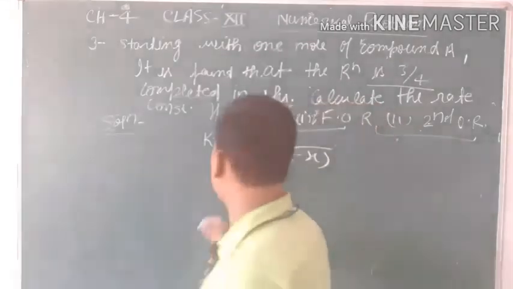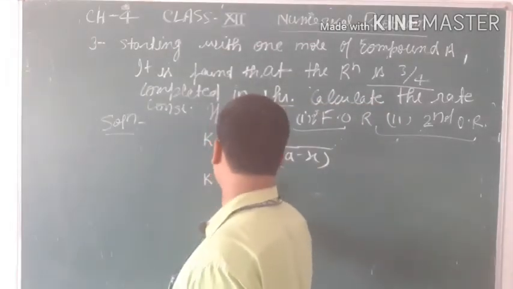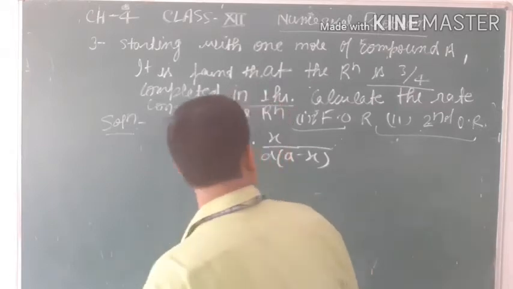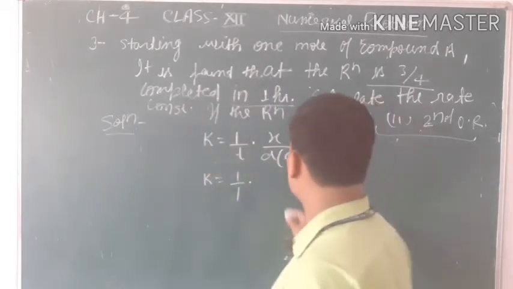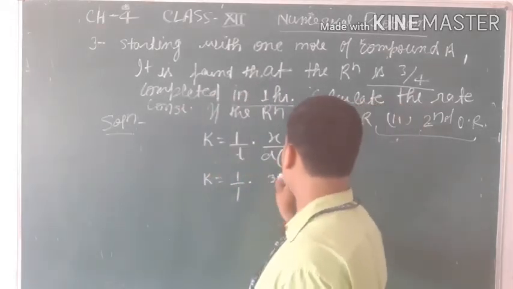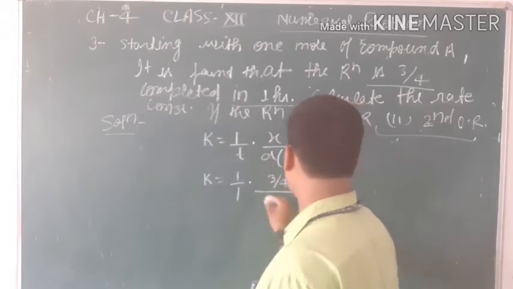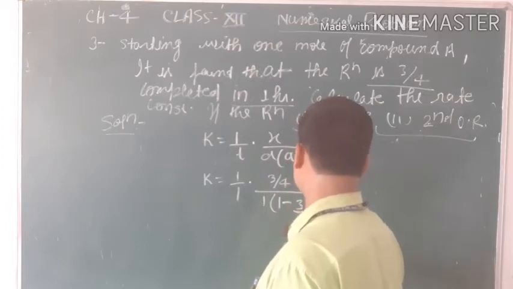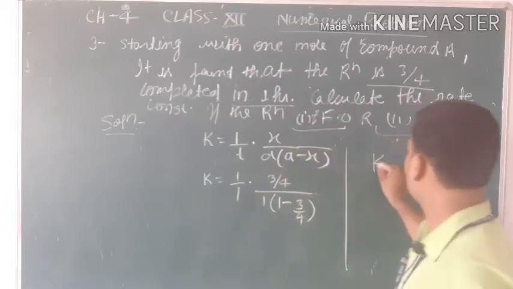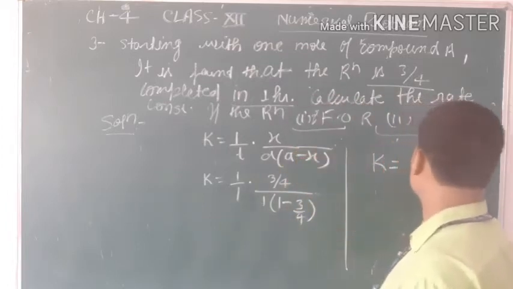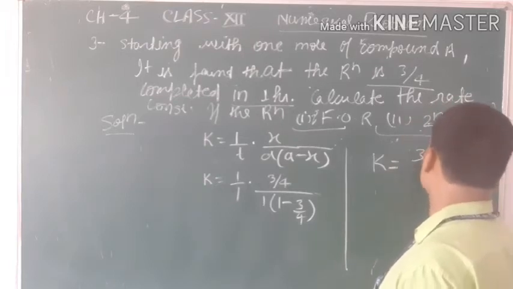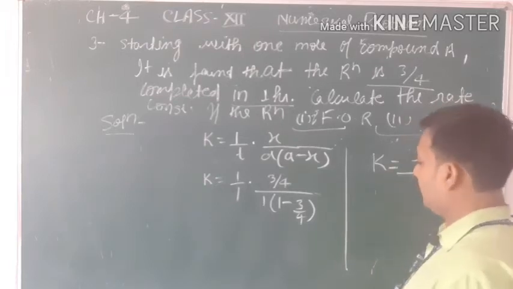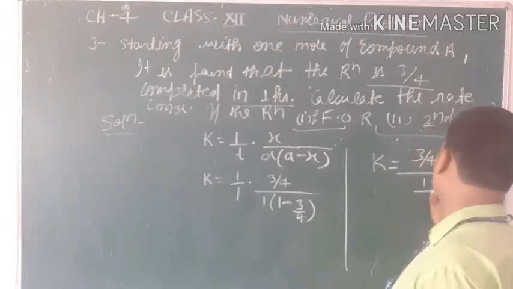So now put in the values. K is equal to 1 upon 1 times the value of x, which is 3 by 4, upon a times a minus x, which is 1 into 1 minus 3 by 4. So k is equal to 3 by 4 upon 1 by 4.